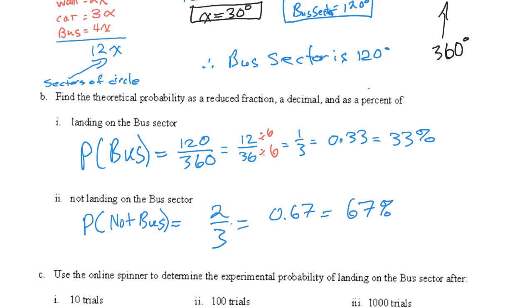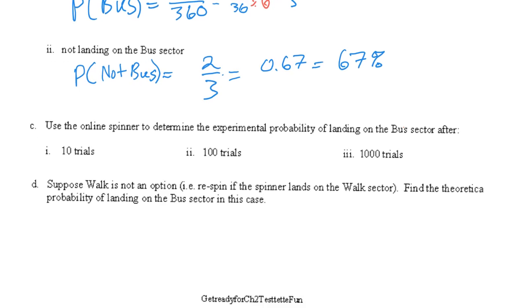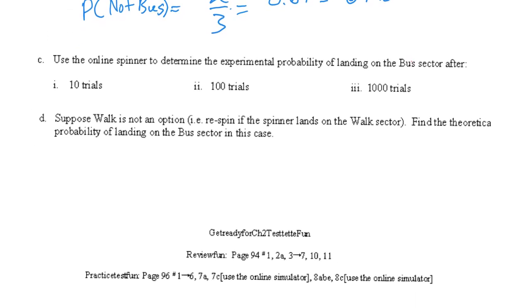And now, for the final section of the work. Imagine I had an online spinner. We do have an online spinner that I gave you, and you can use it. You run your 10 trials and you find the probability of getting the bus is 3 over 10, which is 30%.